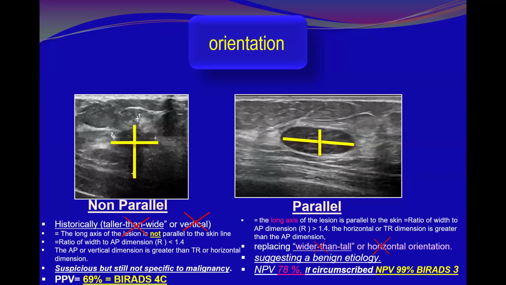But if it is associated with an oval shape, and definitely it is an oval shape, being parallel, and if it is circumscribed with the pseudocapsule completely seen, then the negative predictive value will rise up to 98 to 99%, and so it will be within the range of BI-RADS 3.